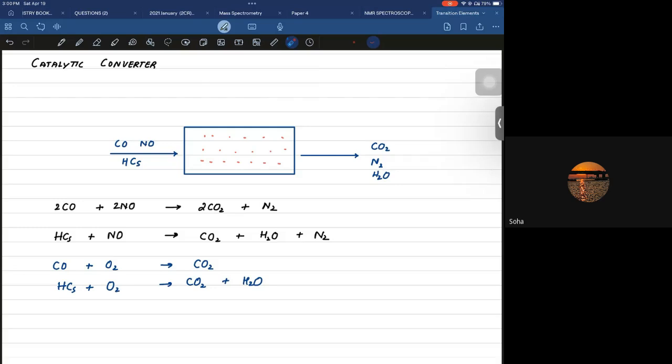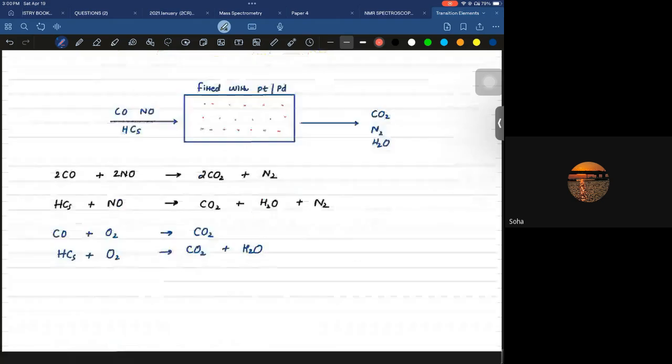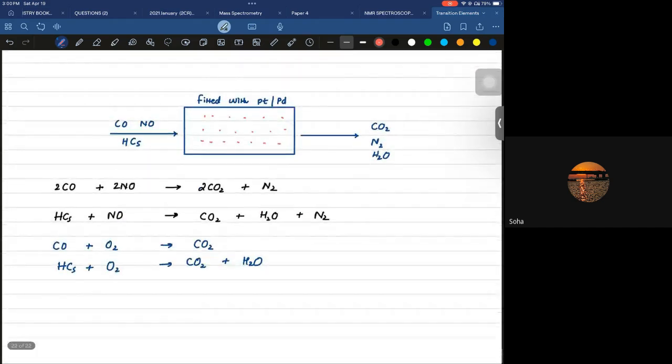Can you justify that in this catalytic converter, the platinum and palladium catalysts are fitted? This is a heterogeneous catalyst.